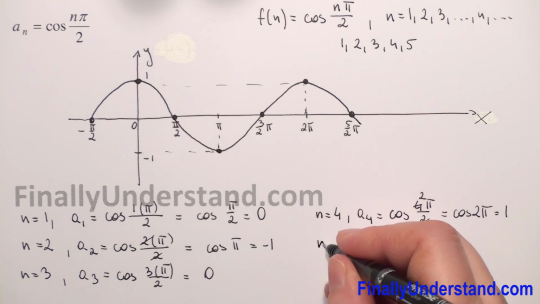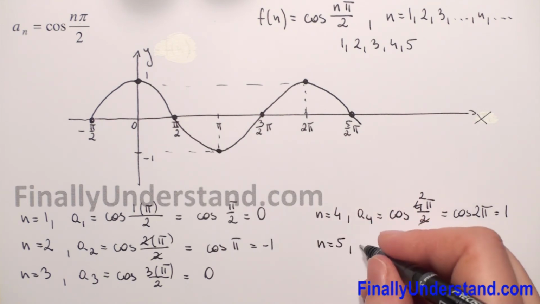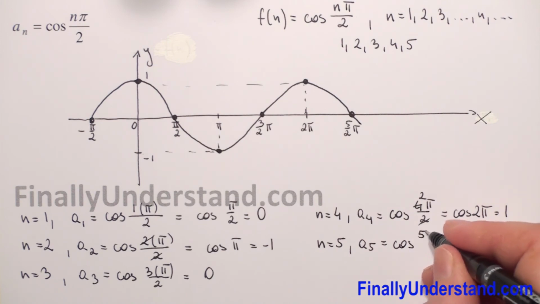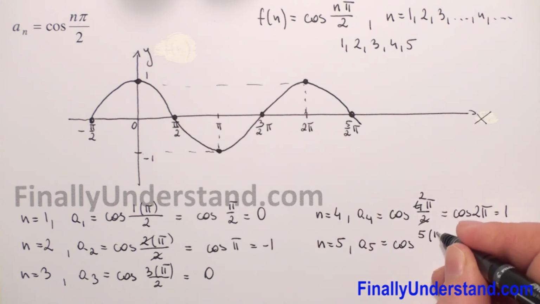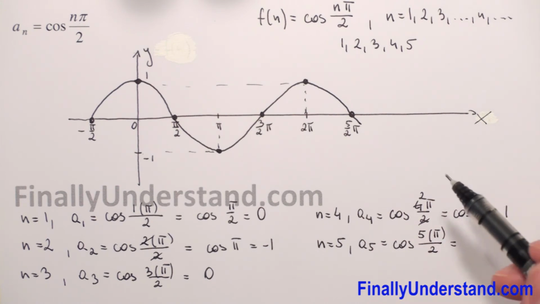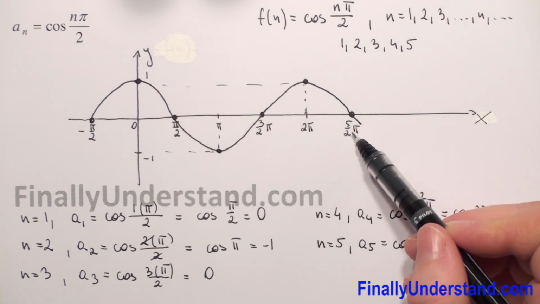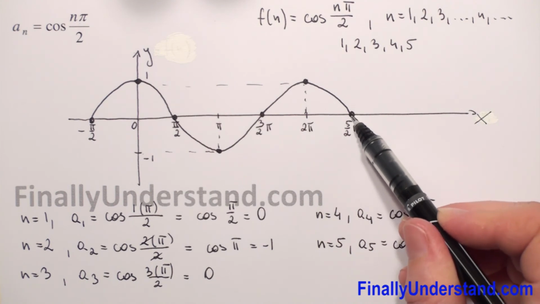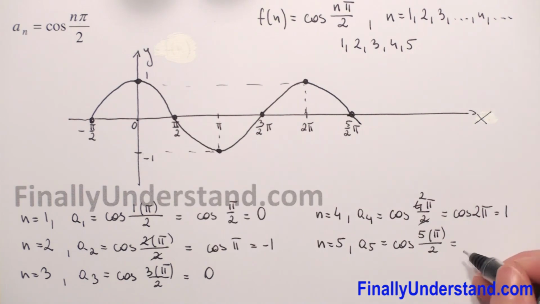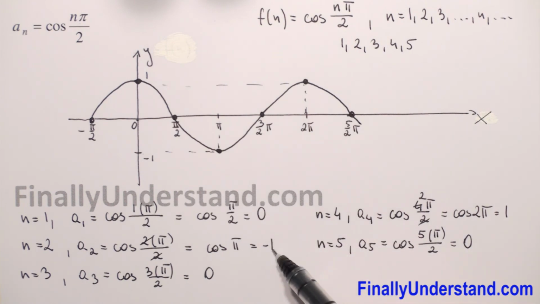And for n equals 5, what will it be? a5 is cosine of 5 times pi over 2. And cosine of 5 over 2 pi is 0. The value is 0. So we got the first 5 terms: 0, -1, 0, 1, and 0.